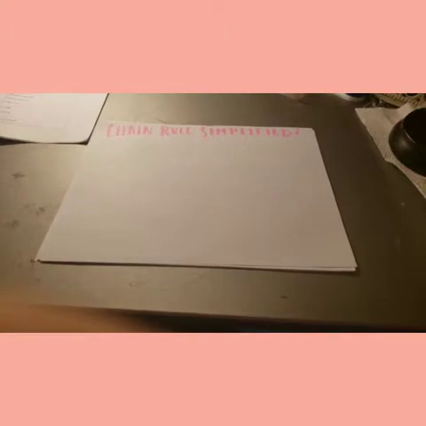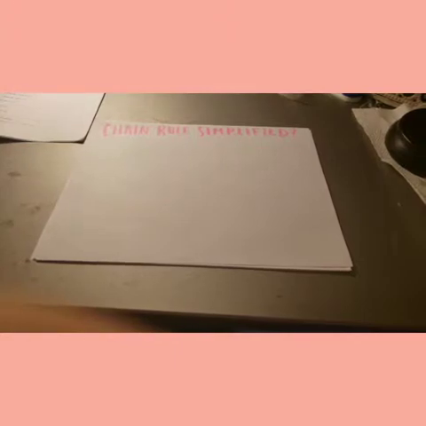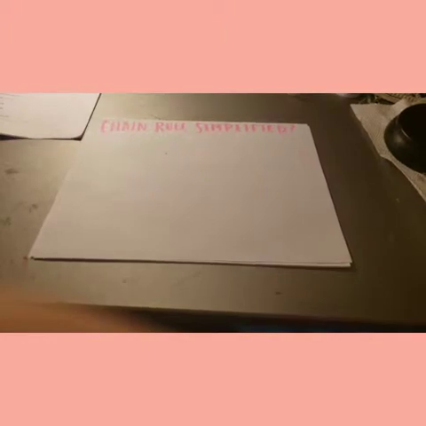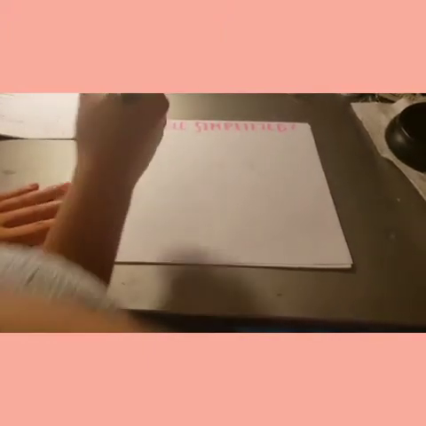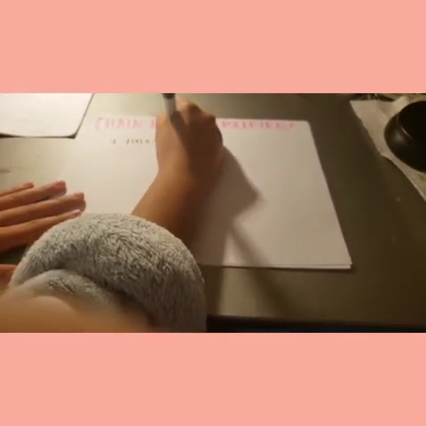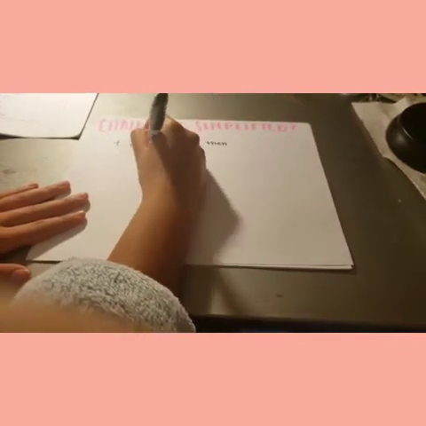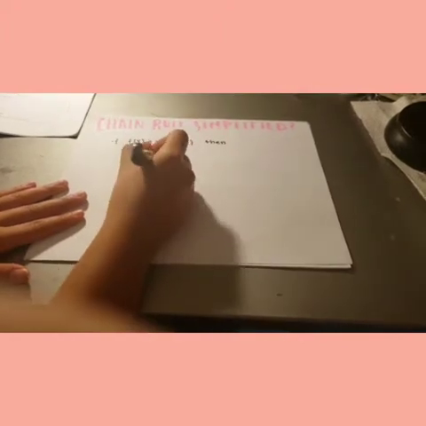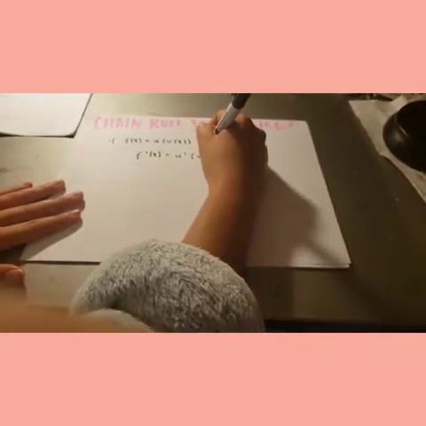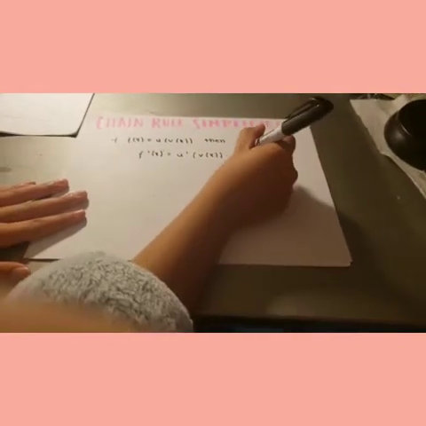Okay, so now that we learned about what IB wants us to know and what the formula packet tells us, we're going to learn how to do chain rules simplified. This is an easier method for me to understand just because there's less letters and it's way easier for me personally. So if f of x is equal to u of v of x, then it has to be true that f prime of x, which is just the derivative, is equal to u prime, the derivative of u, of v of x times v prime of x, which is the derivative of v.